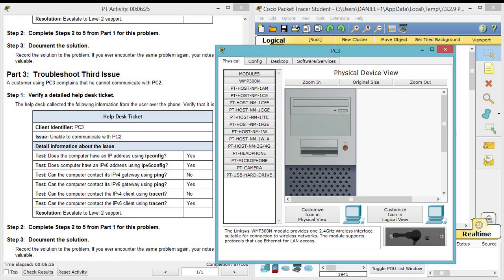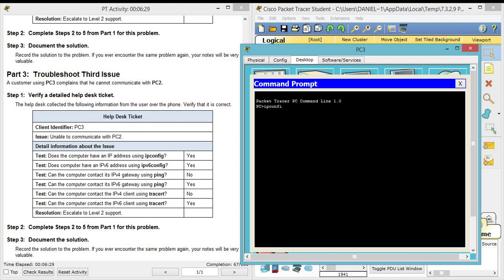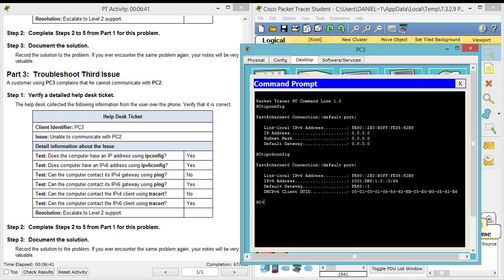Once again, let's go ahead and verify all this information. And this may seem a little misleading, but that technically is an IP address, so apparently yes, it does have an IP address. Thanks for the logic, Cisco. It does have an IPv6 address. Obviously you can't ping 0.0.0.0, so we're not even going to bother trying.